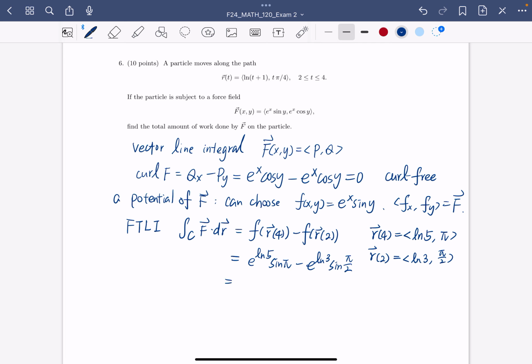So we get 5 sine pi, which is 0, we don't look at this term, and 3 times sine pi over 2, which equals 1, right? Therefore, the answer is minus 3.